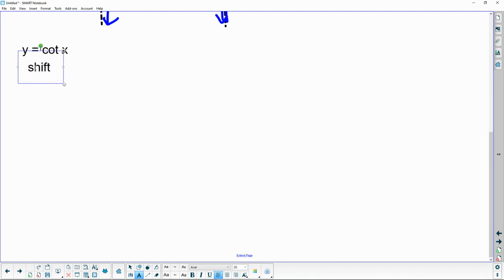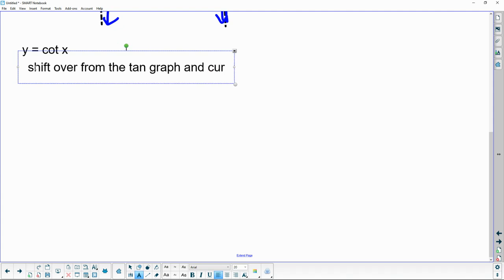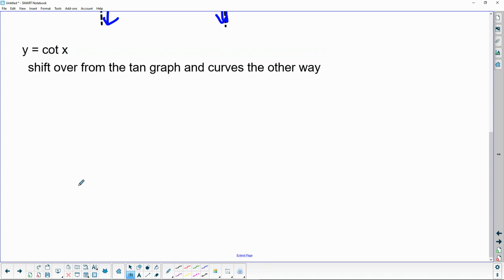It shifts over from the tan graph and curves the other way. Okay, so what does it look like when we graph it? If we just do the positive, just 0 to 360.